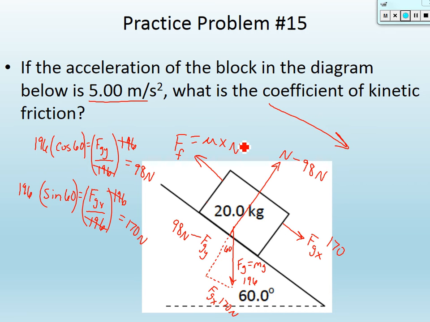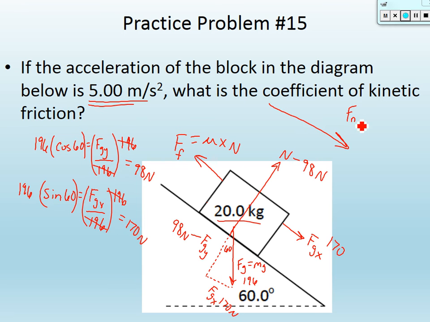Okay, did it say anything about an applied force anywhere? It didn't say, right? So we're not going to include an applied force. We're just going to assume it's just moving down the ramp. Okay. If I have acceleration and I know its mass, what can I figure out? Force net. So let's figure that out.